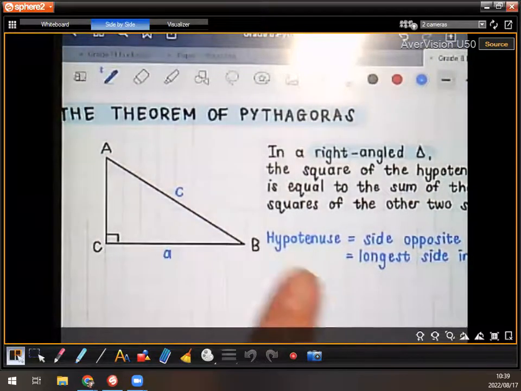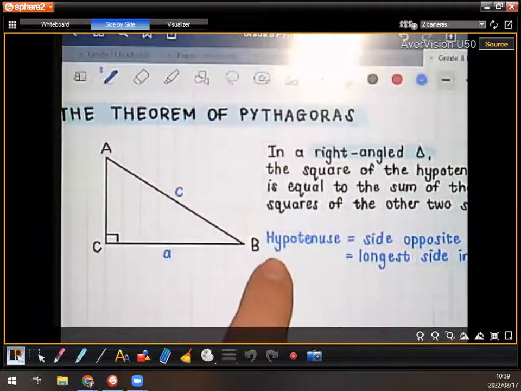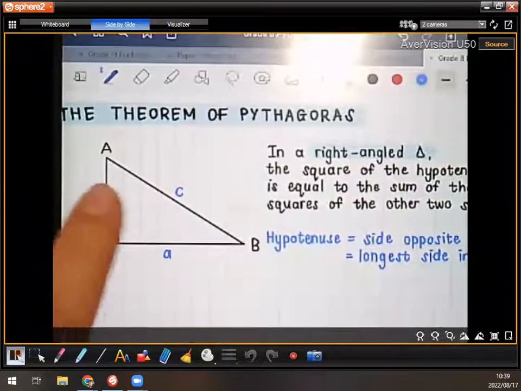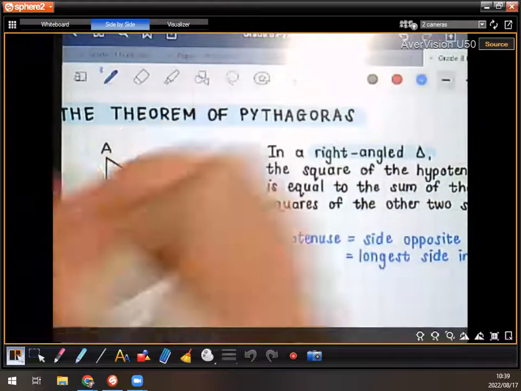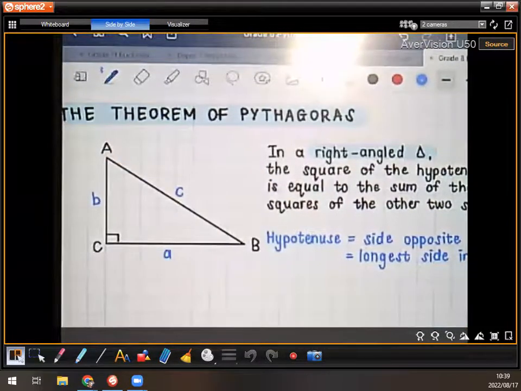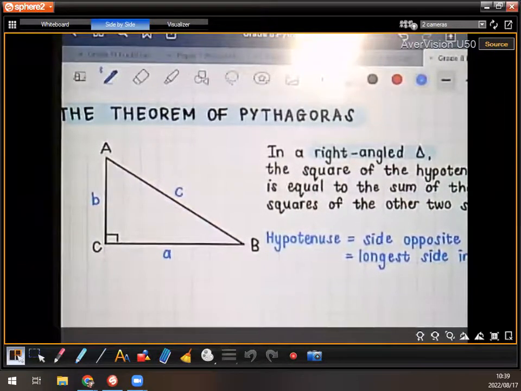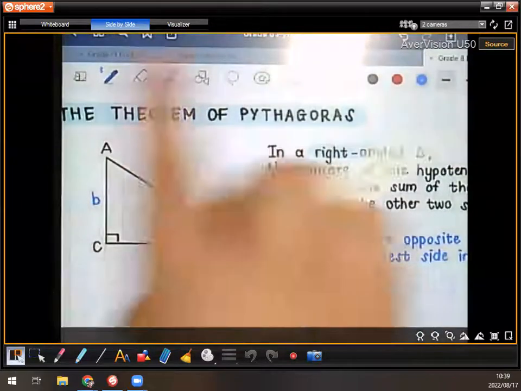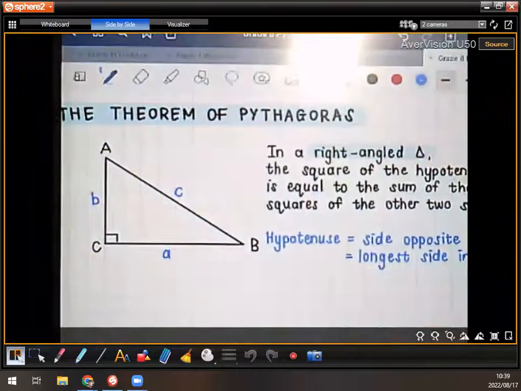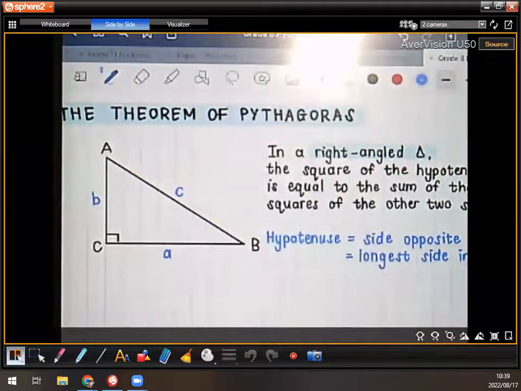And the third side, opposite angle B, you can call small b. Lowercase letters are usually sides, and the uppercase letters, the capital letters, will be the points, the angles of the triangle.